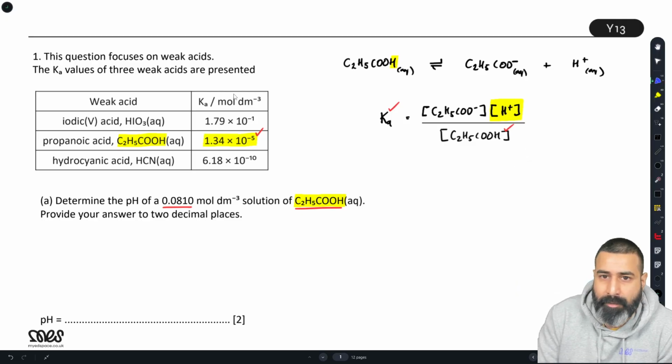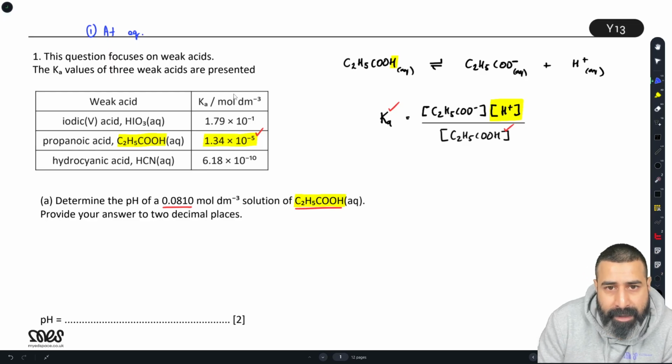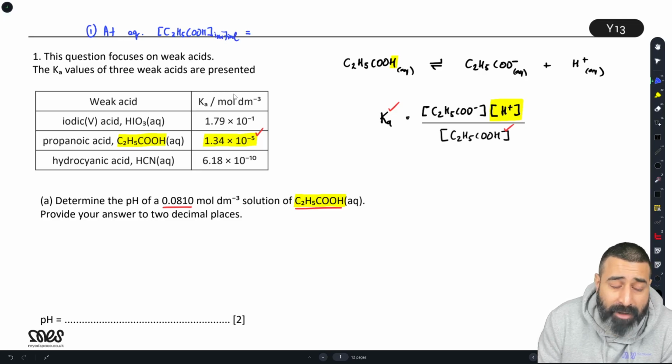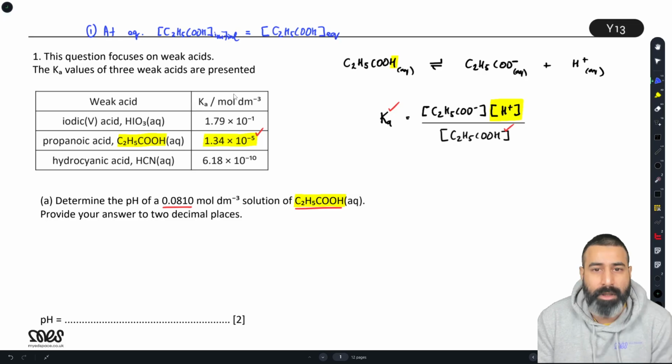Well, let's do this up here. So assumption number 1, at equilibrium, we can say that the concentration of C2H5COOH initial is roughly equal to the concentration of C2H5COOH at equilibrium.